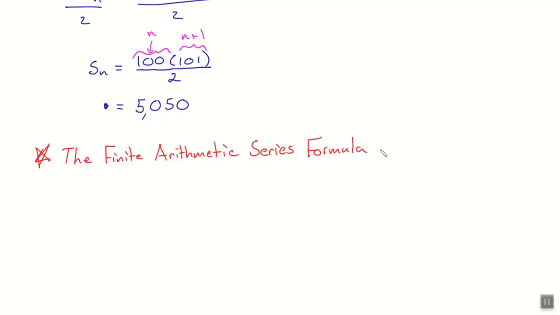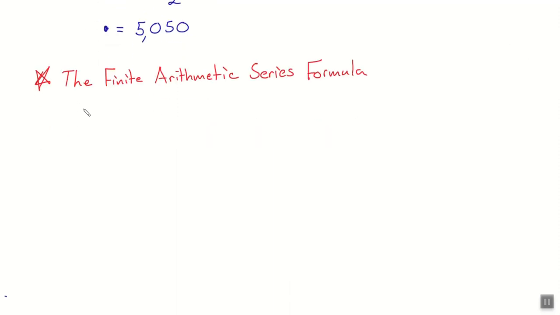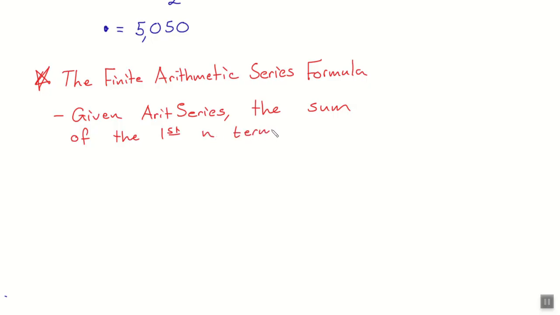When we look at this formula, it turns out that there is a really, really nice way that we can knock this out, and without spending a crazy amount of time, let's knock it out. Given an arithmetic series, the sum of the first n terms is, and I'm going to let you guys catch up before I write the big conclusion here.